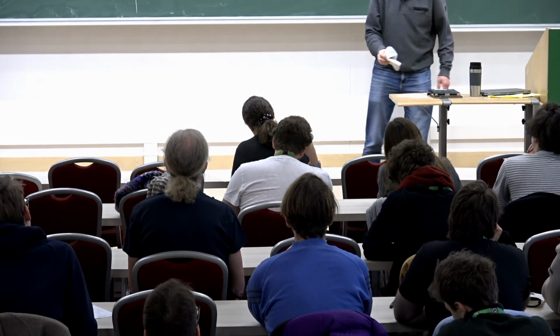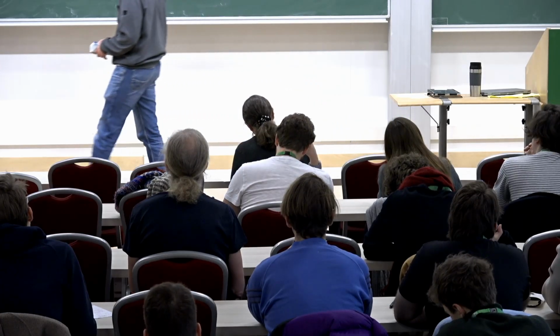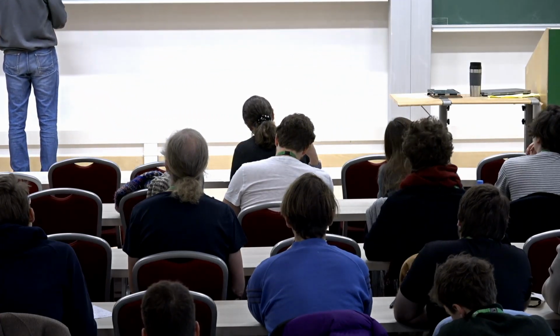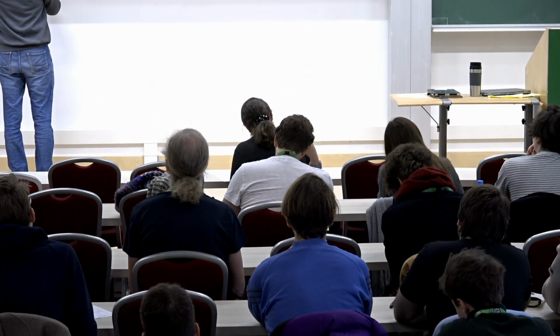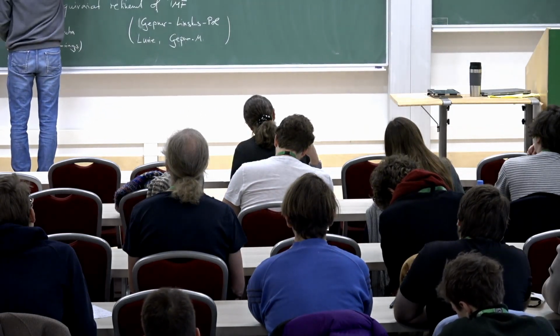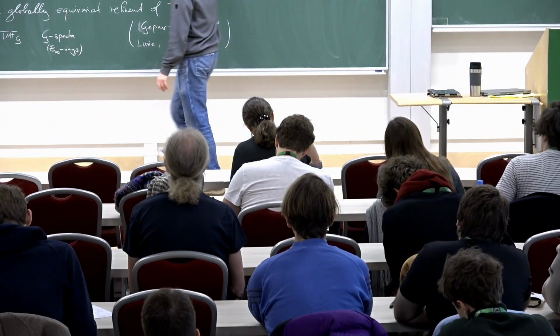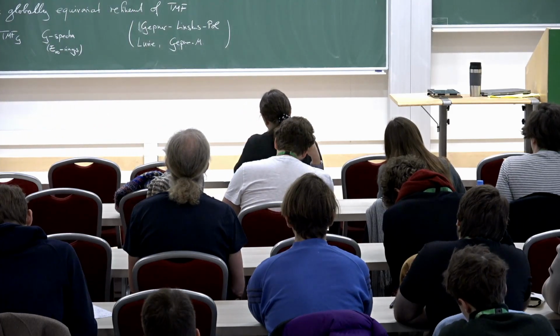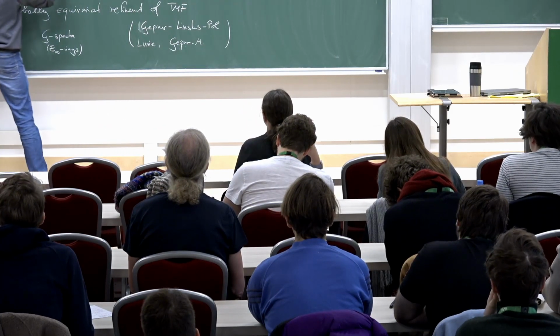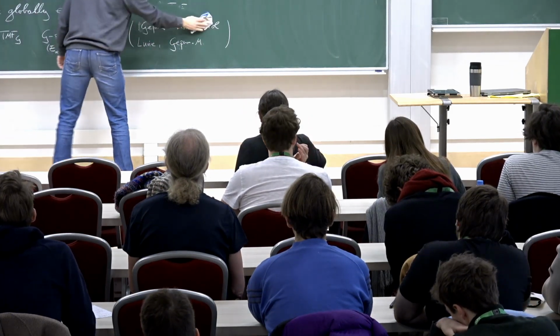Okay, so how do we define now equivariant TMF? As I said, I want to only tell you a small part of the story, because it's only relevant for us to take equivariant TMF at a point, and it's only relevant for us for tori, not for more general groups.